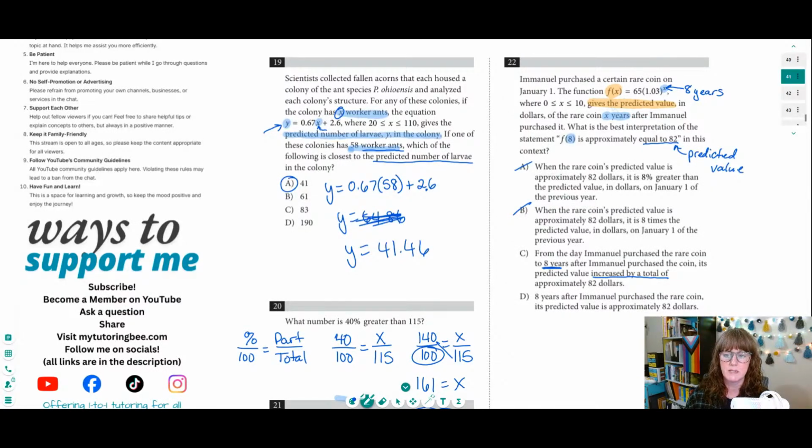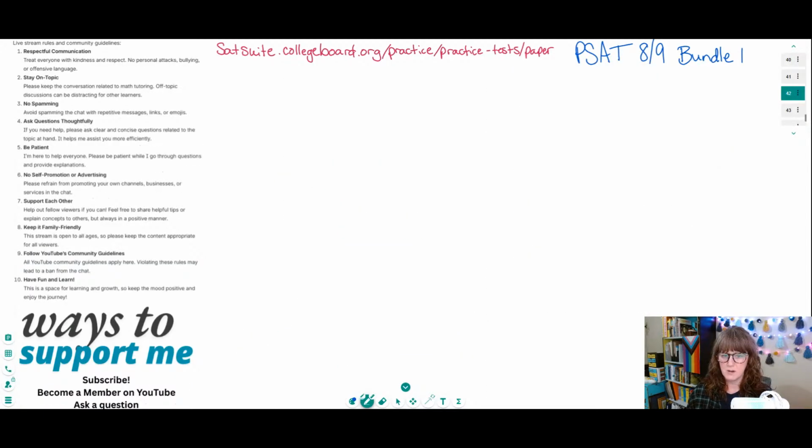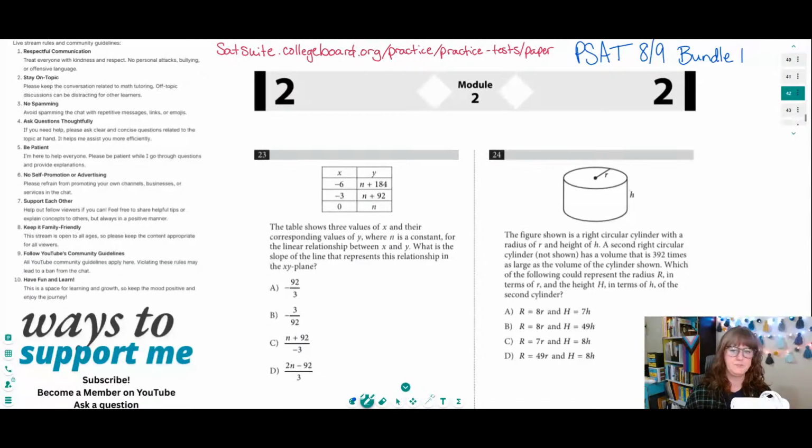This function represents the predicted value, so we don't have to add anything on. It's just that that is what the coin is now worth, $82. So hopefully D is, at 8 years after Emmanuel purchased the rare coin, its predicted value is approximately $82. Yes, that is exactly what we're looking for. Okay, great. Let's go on to the next page.